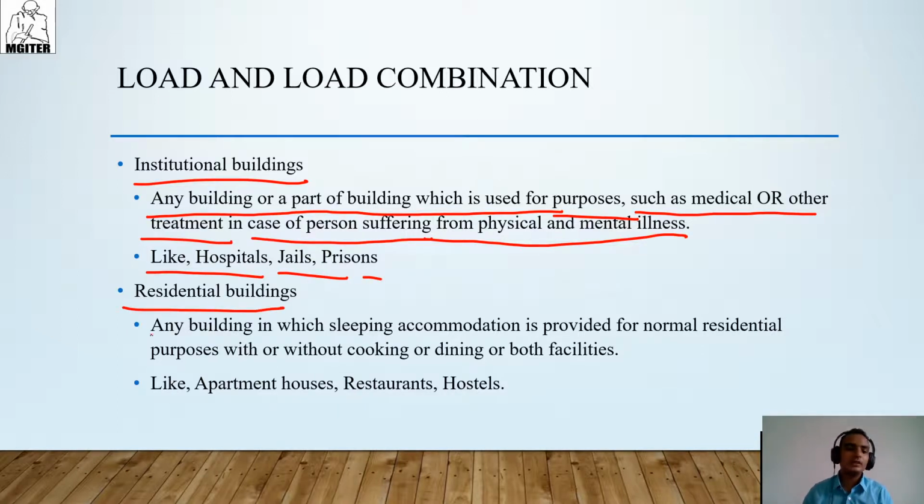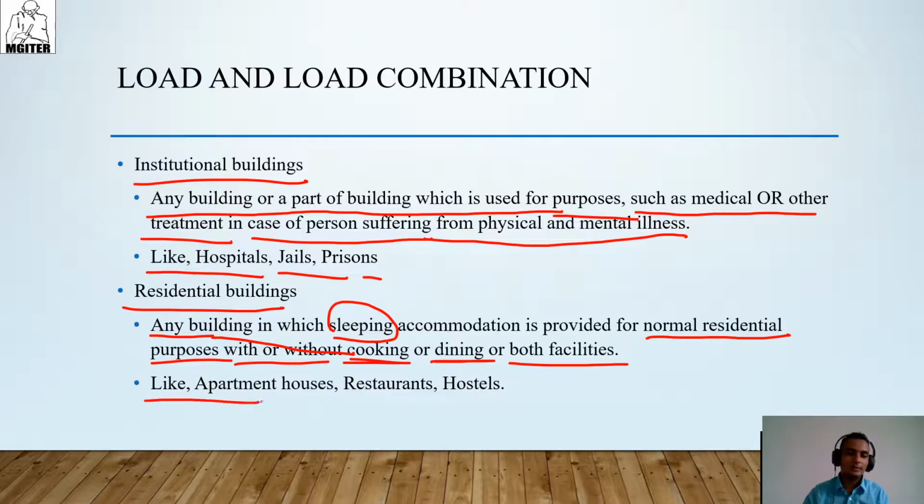Then residential building: any building in which sleeping accommodation is provided for normal residential purpose, with or without cooking or dining or both facilities, like apartments, restaurants and hostels. So what is a residential building? Residential building means a simple use for sleeping, for resting or any other type of work we do in the residential building, like sleeping, resting or many more.